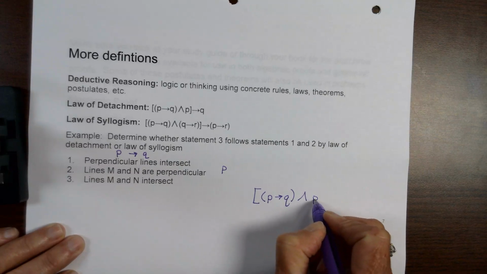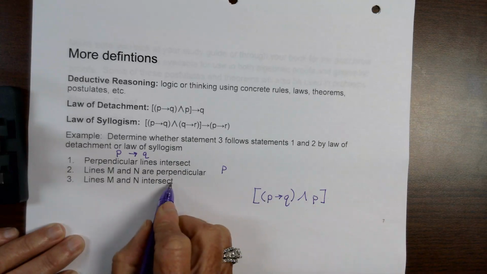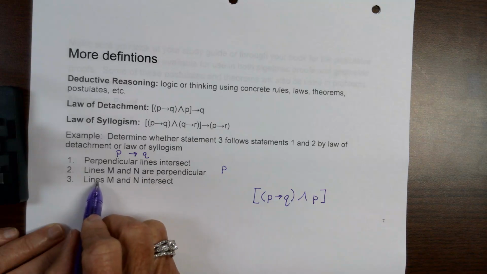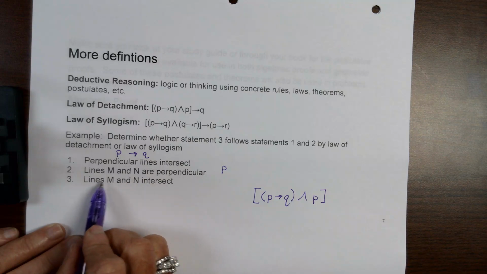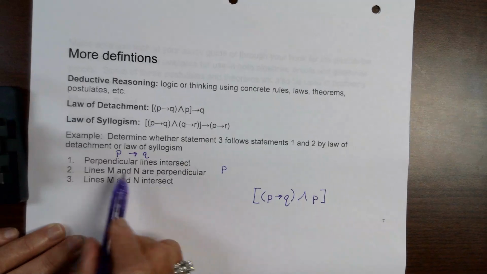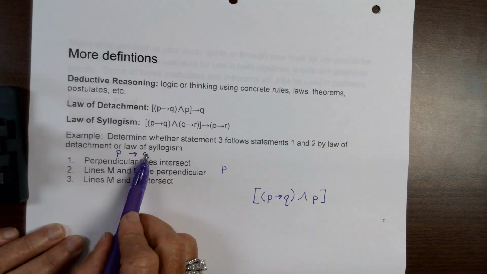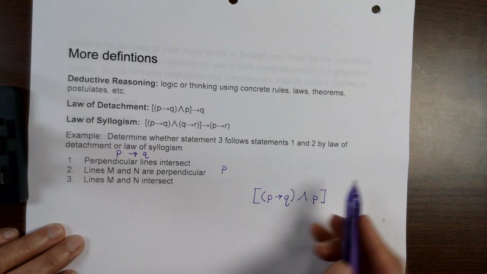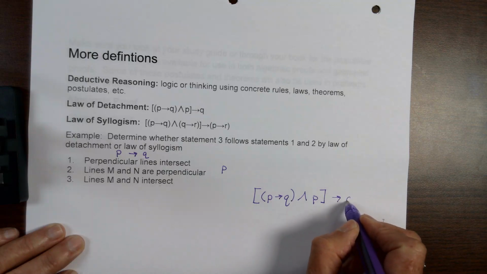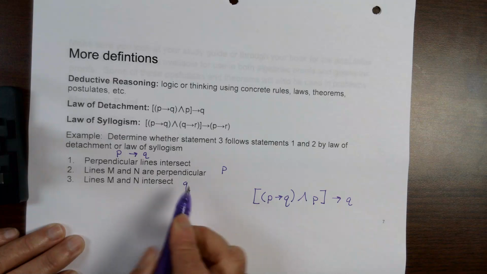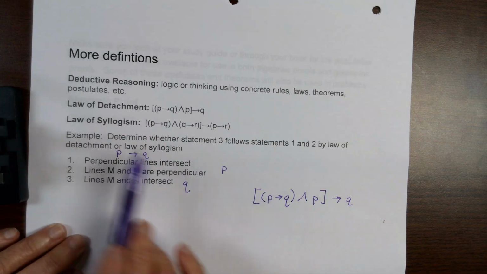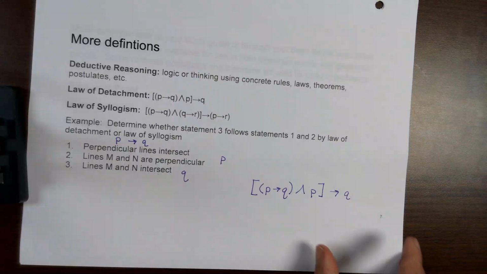And I know P is true. So therefore, I can conclude Q, which is M and N intersect. So this is P then Q, then P, therefore Q. So that is true based on law of detachment.